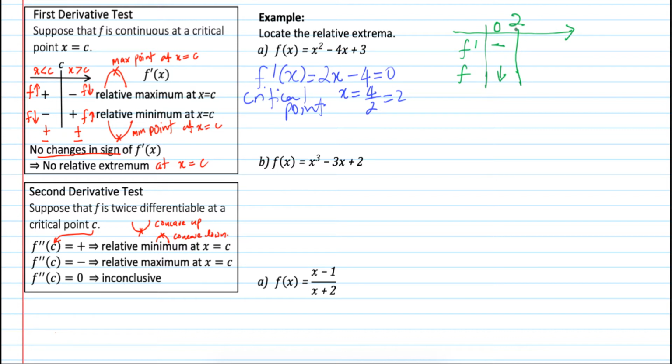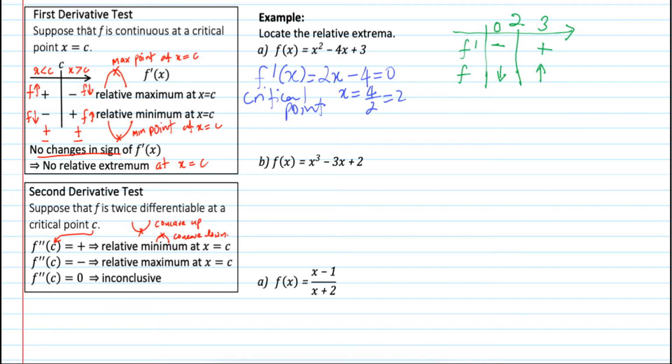And then choose a number greater than 2. For example, 3. Substitute into f prime. 2 times 3, 6. 6 minus 4 is equal to positive 2. You have a positive number. It means that f is increasing.